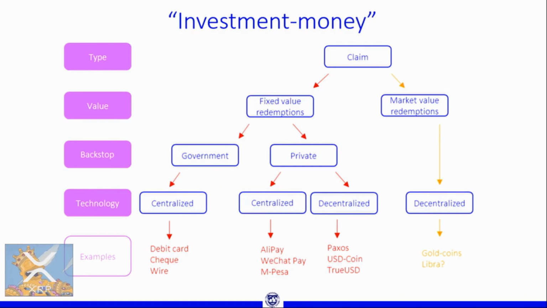And Libra is a proposal where the value of your currency is not fixed. It fluctuates with exchange rates, and it potentially fluctuates when interest rates are negative. So this is the money tree. That's a conceptual framework to think about all of these different currencies.